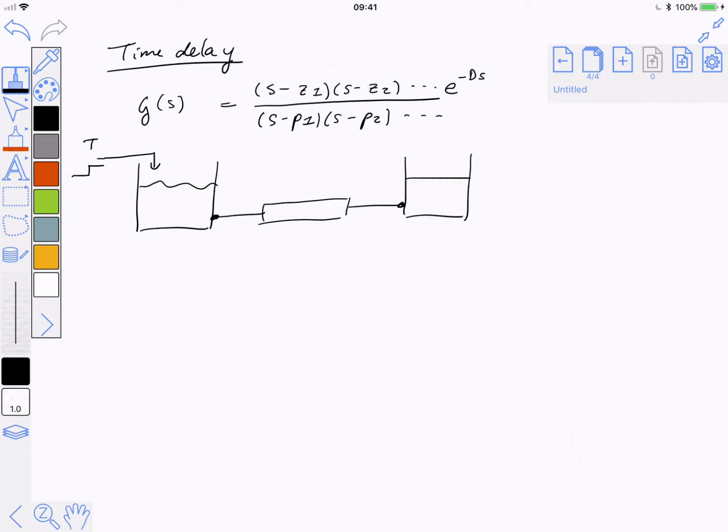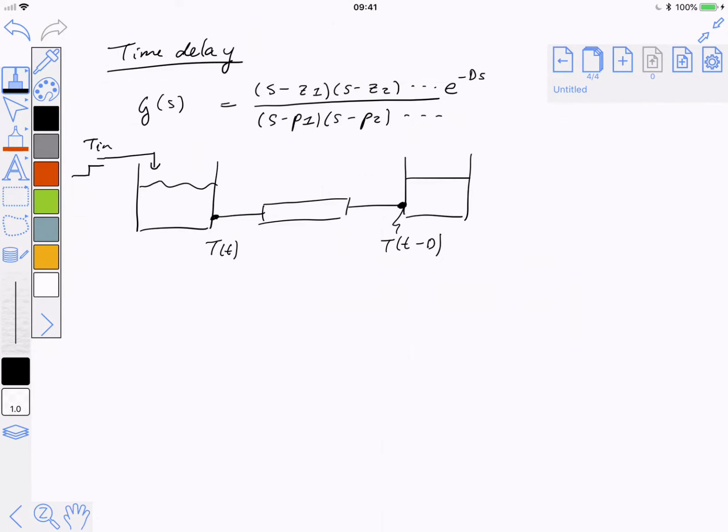And if we assume that the pipe is nicely insulated and no back mixing occurs and all the kind of stuff that you do in piping, you can imagine that there's just a slug of hot stuff that moves unchanged through to this. So in other words, you can basically say that if I have a T over here, the temperature here will actually be T minus d. Okay, so this is called a transport delay.